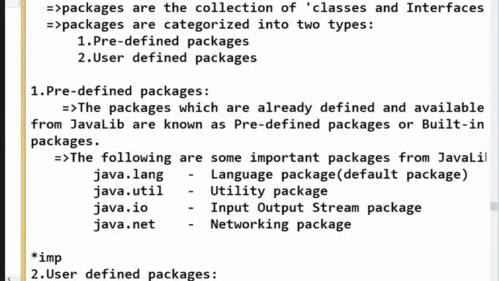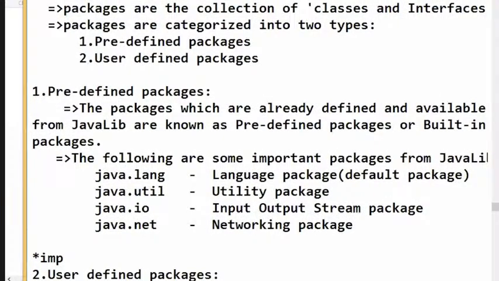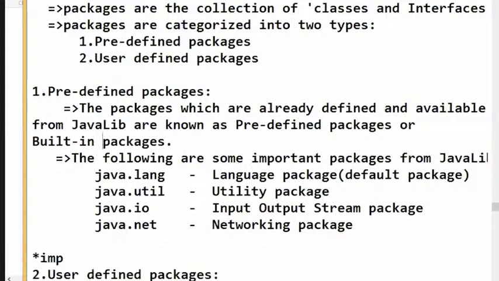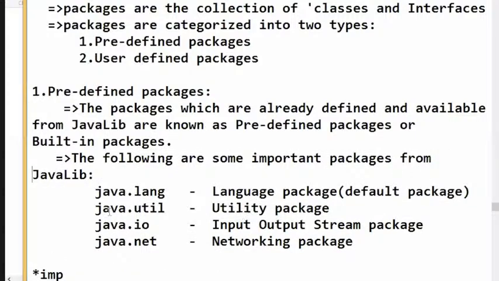The packages which are already defined and available in the Java library are known as predefined packages or built-in packages. So these are the important built-in packages related to the Java library. The lang package, we call it the default package. Default package means automatically added to all the programs.